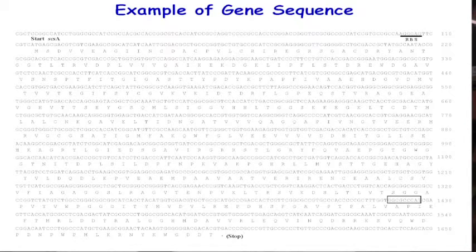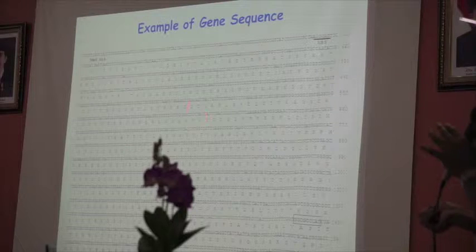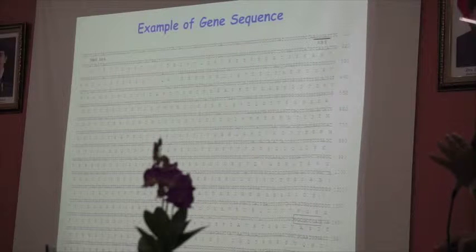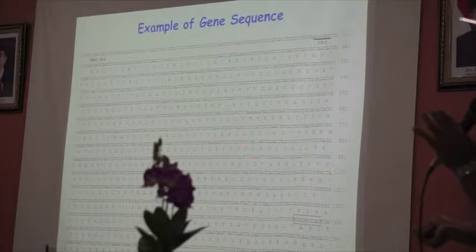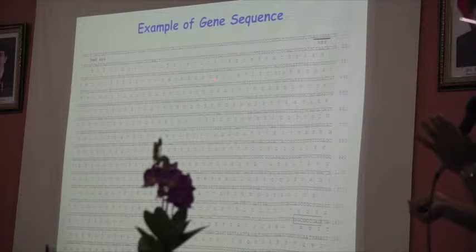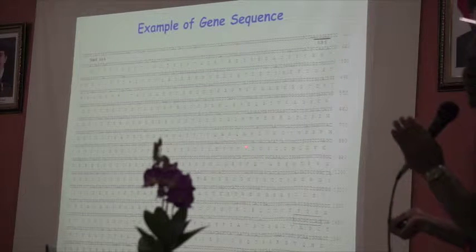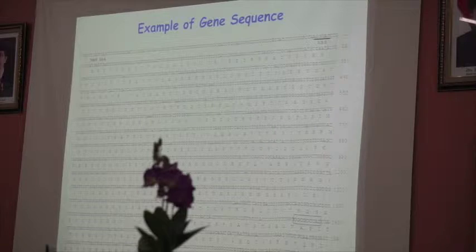There is the stop codon, and we can predict what amino acid residues are encoded by this sequence. So we can imagine that when we want to change the amino acid residues, we should start by changing the DNA itself. I think this is the first step.